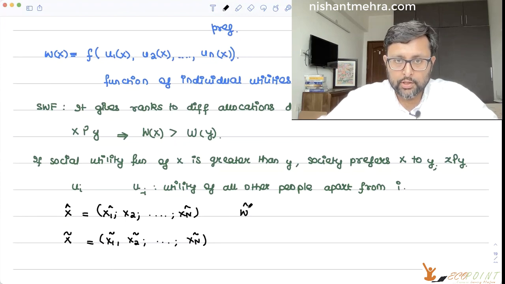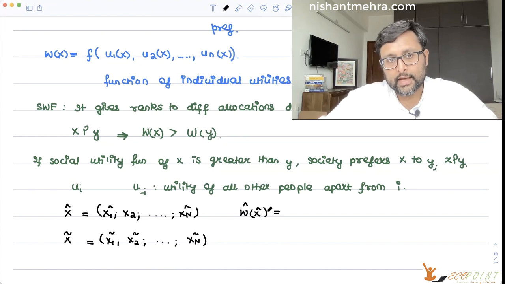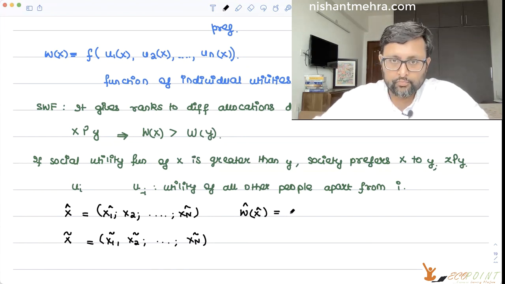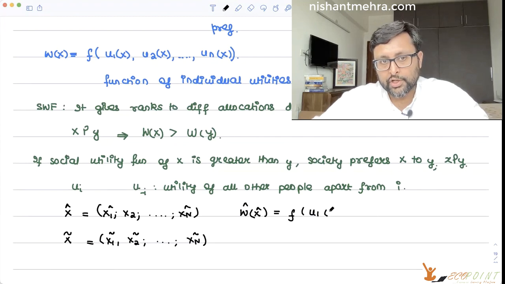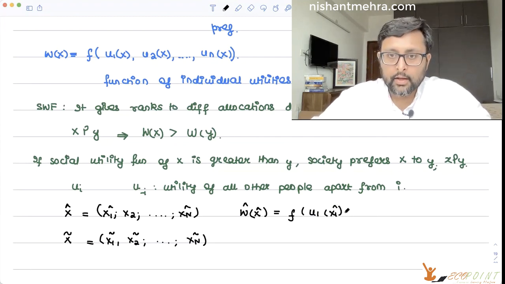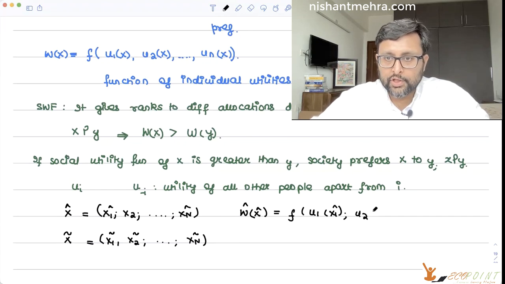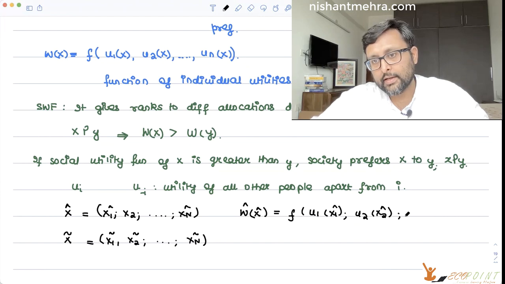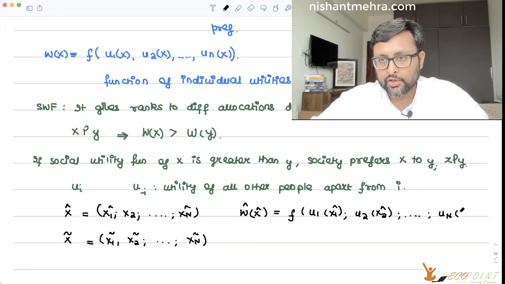The social utility from X hat would be the utility which individual 1 is getting from X hat, the utility which individual 2 is getting from X hat, and so on to the utility which individual n is getting from X hat.